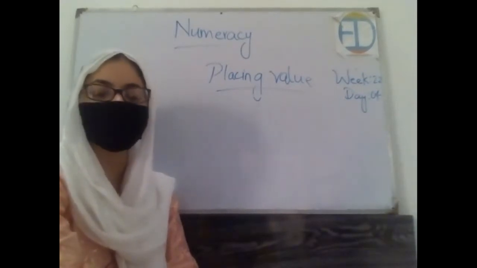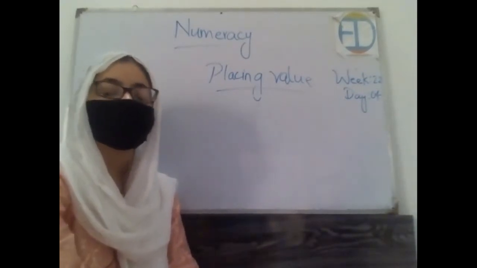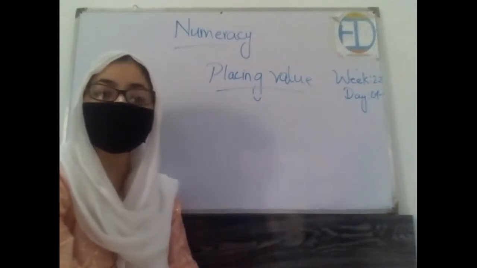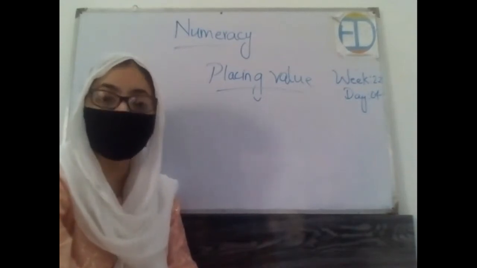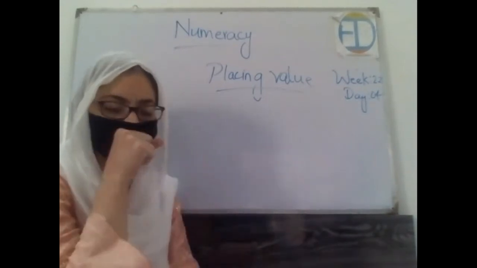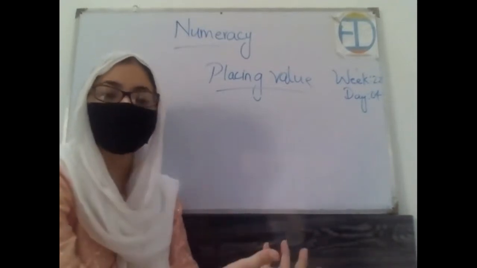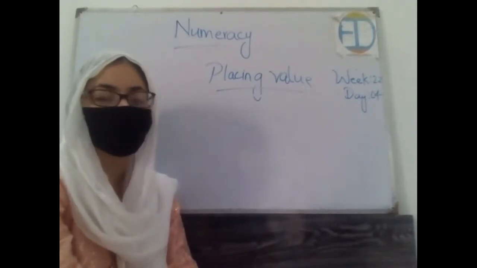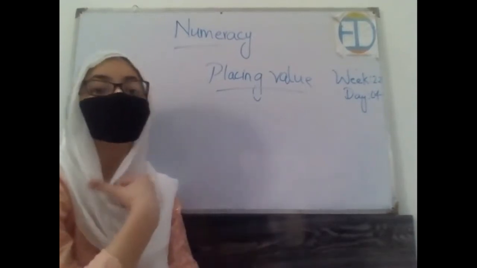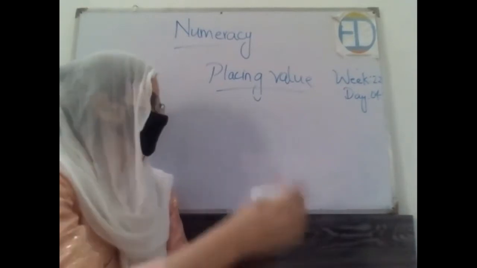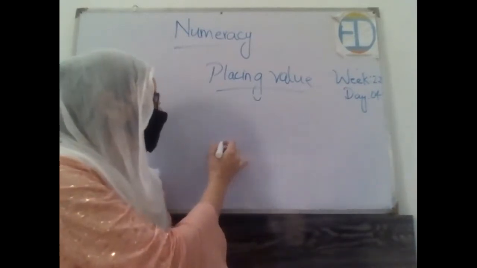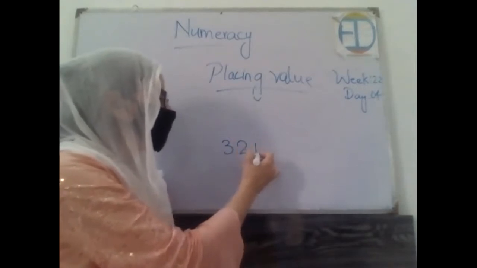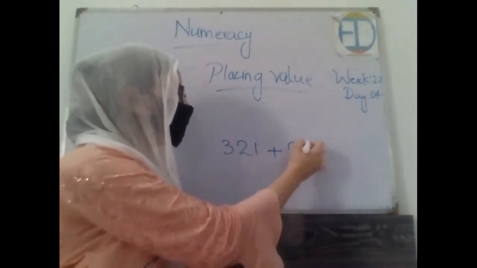Excellent. Place value basically means that in mathematics, there are special values which are assigned to the digits of numbers, and we write them according to that. Or we add, subtract, and perform all the functions according to those values, right? Let's say I gave you two numbers. The first is 321 and I want you to add 22 to it.